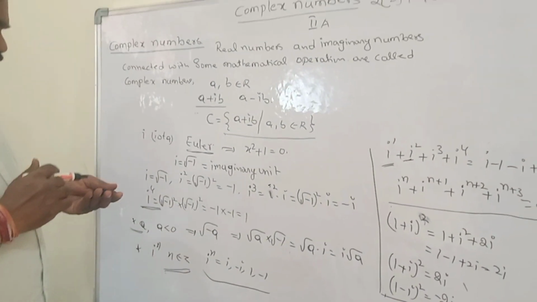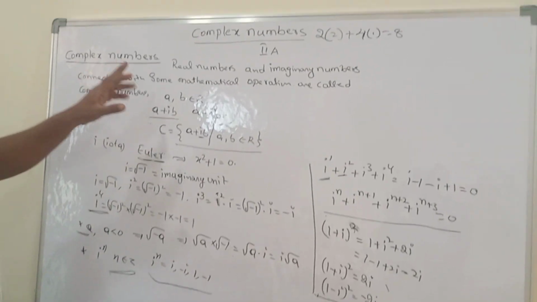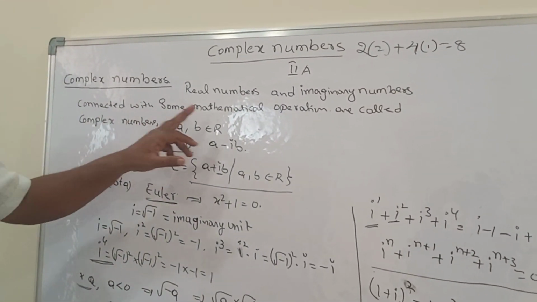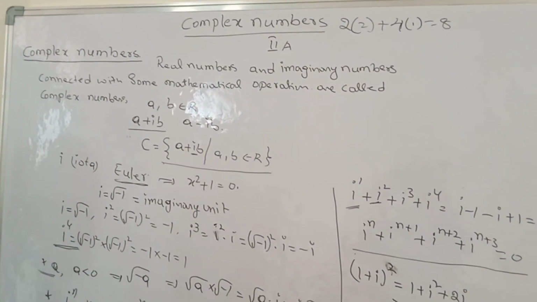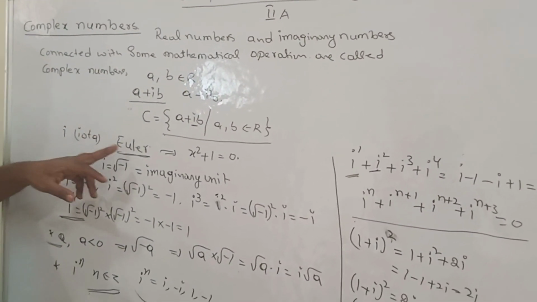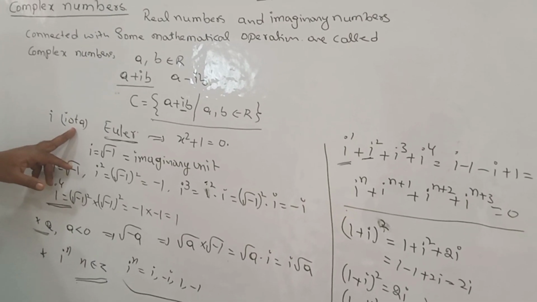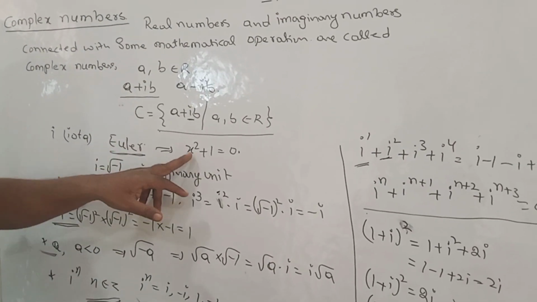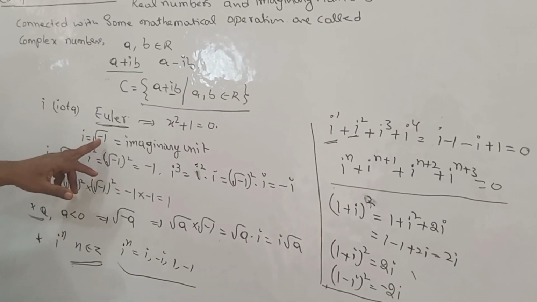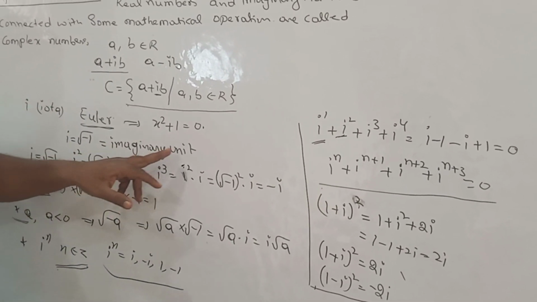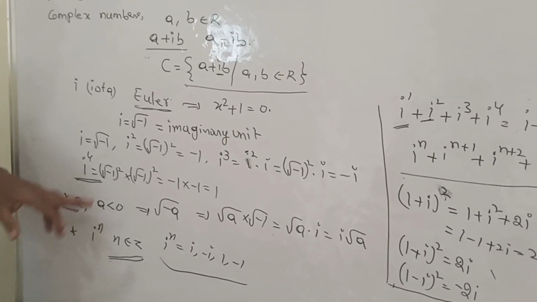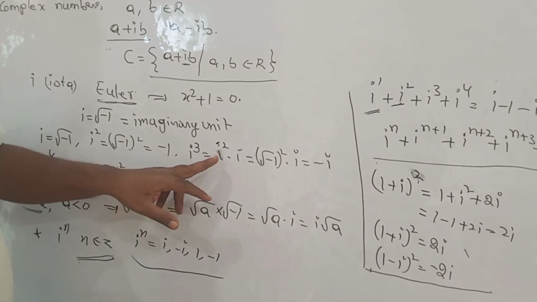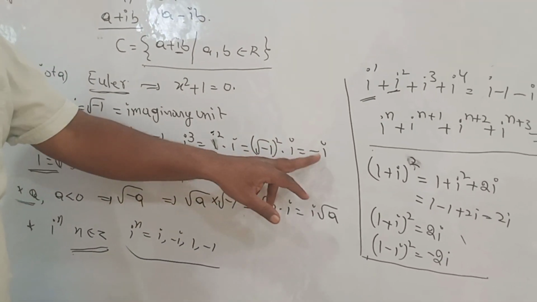This is the complex number. Real numbers and imaginary numbers connected with some mathematical operation are called complex numbers. i is the iota, invented by the great mathematician Euler with the quadratic equation x square plus 1 equal to 0. i is equal to root minus 1, the imaginary unit. i square is equal to root minus 1 whole square, equal to minus 1. i cube is equal to i square into i, which is minus i.